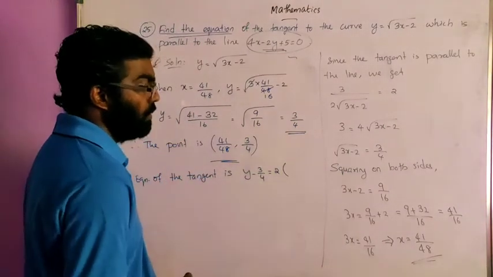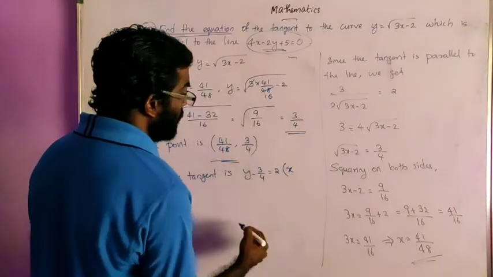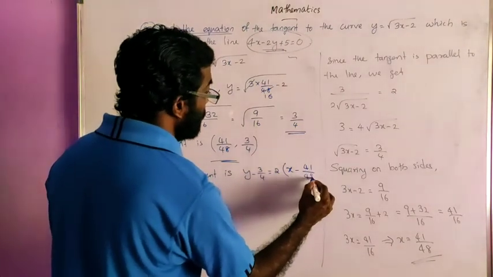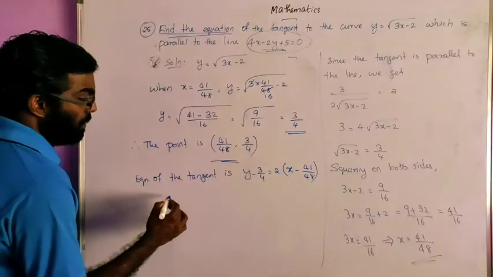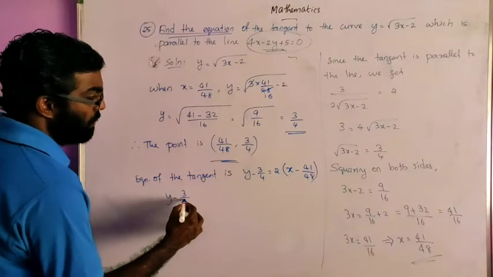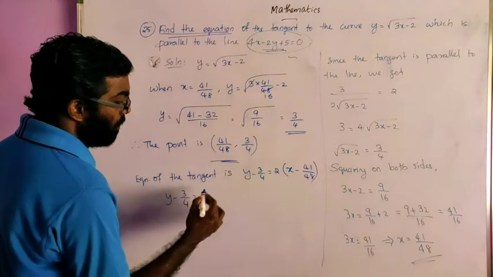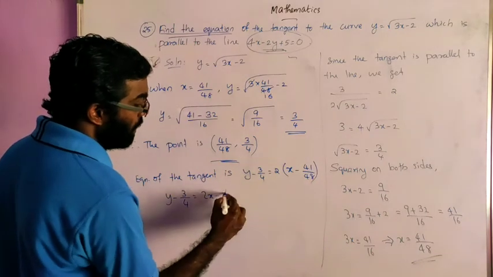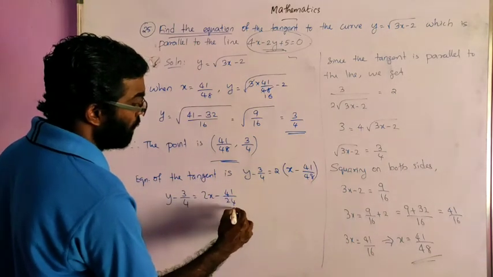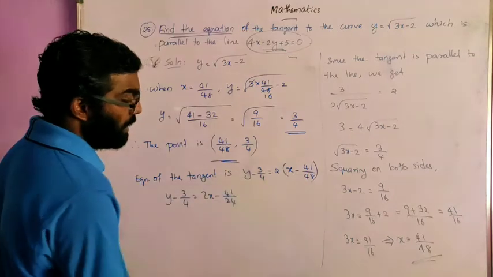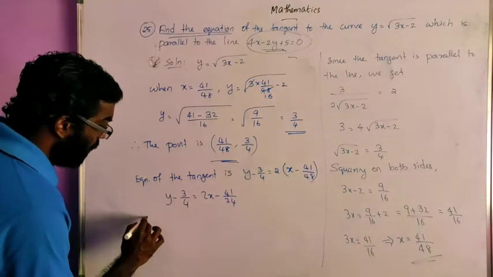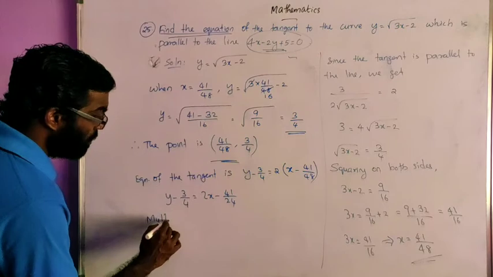So 2 into x minus x0, x minus 41 by 48, or we can write y minus 3 by 4 is equal to 2x minus 2 into 41 by 48, that can be written as 41 by 24. Here 2 and 48 we can cancel. Now we can multiply the entire equation by 24.